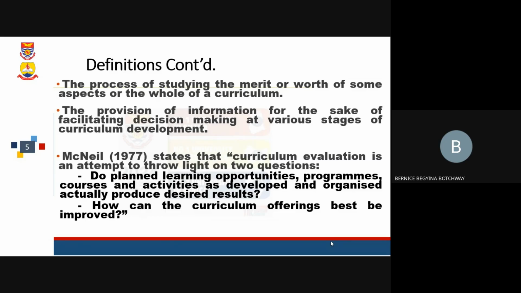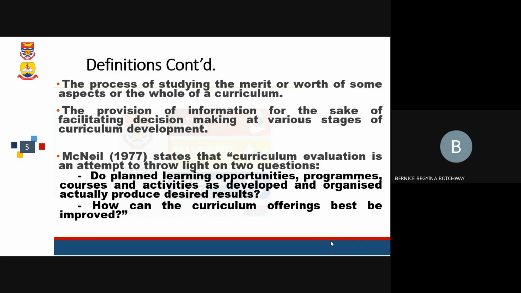And then another definition talks about the provision of information for the sake of facilitating decision making at various stages of the development process. We get information, and that information is used to make decisions on whether we are to continue with the curriculum, to make changes, or to adopt something in the curriculum.